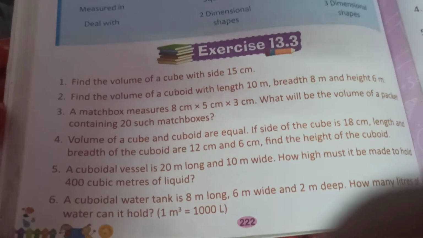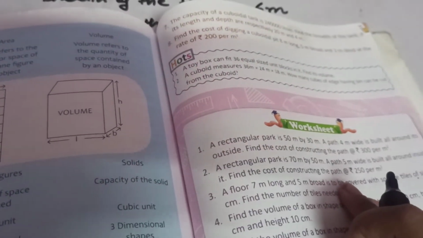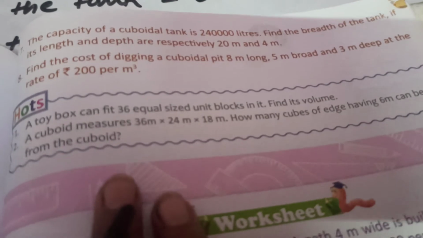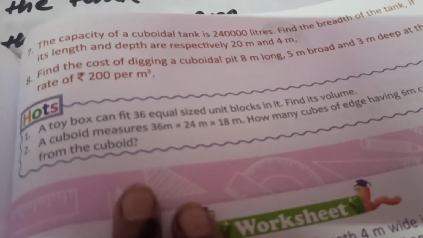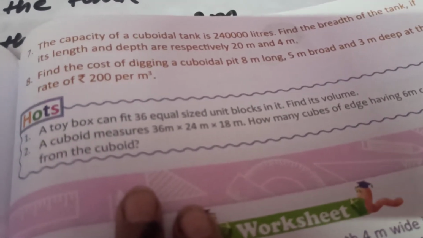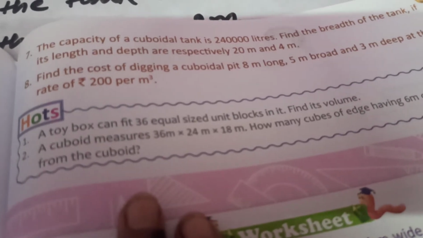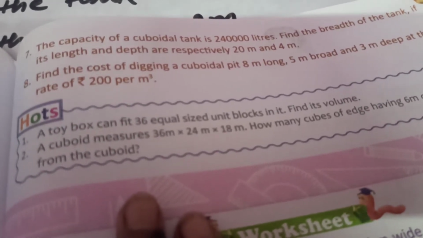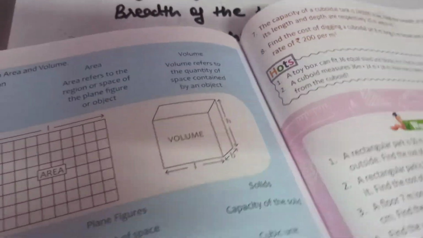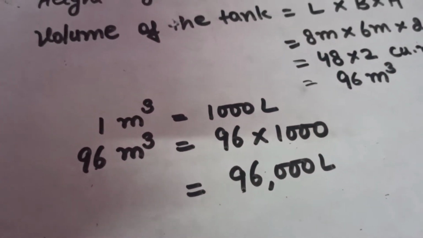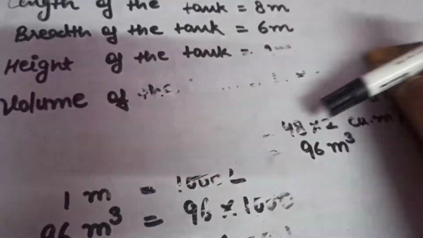So look, in this question it is mentioned that 1 meter cube equals to 1000 liter.